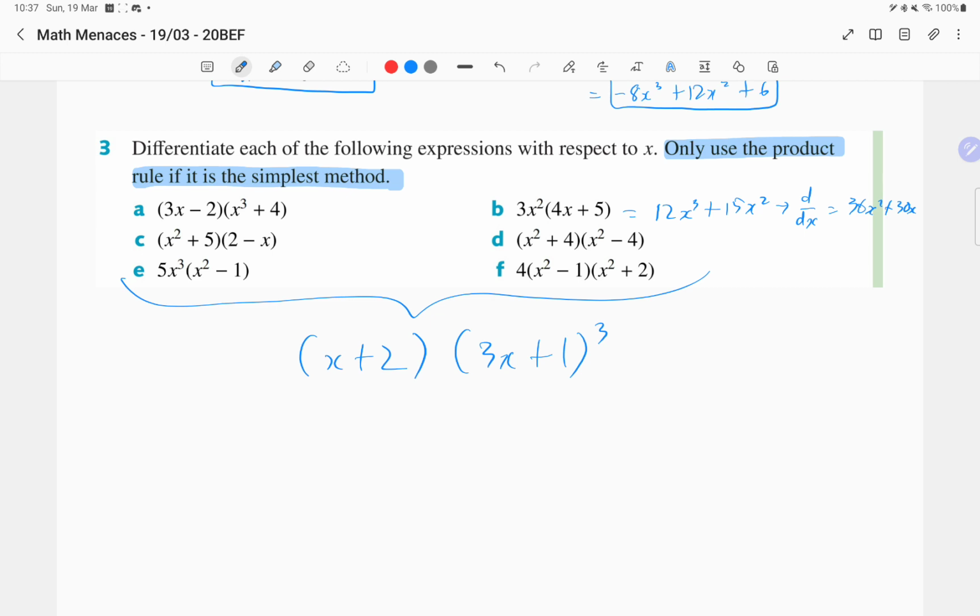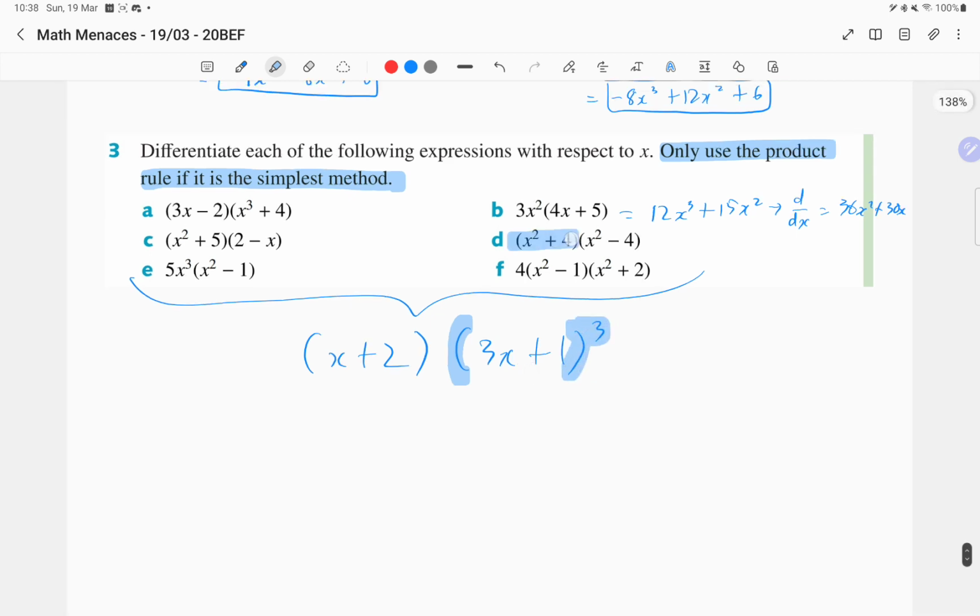Because there are two brackets. What do you mean by outside? The power 3. Yes, it's because this one is to the power of 3.